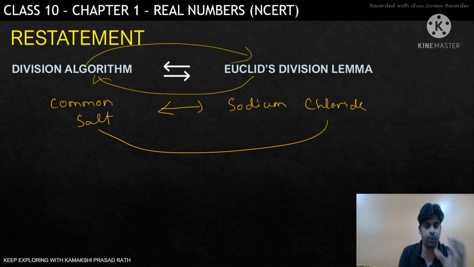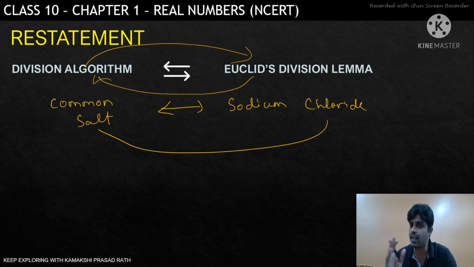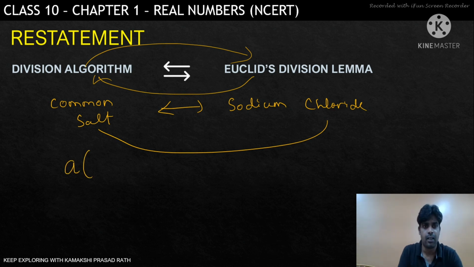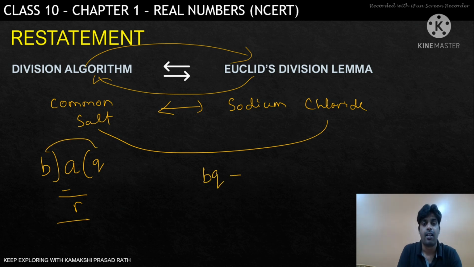The same concept we are using. Whenever two numbers are divided, we get a quotient and a remainder. Simple logic. And whenever we multiply the divisor with the quotient and add the remainder, we get back the dividend.